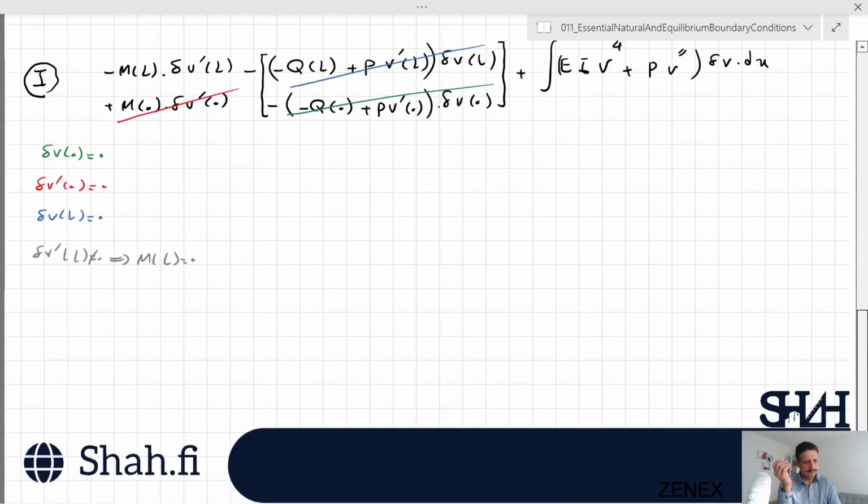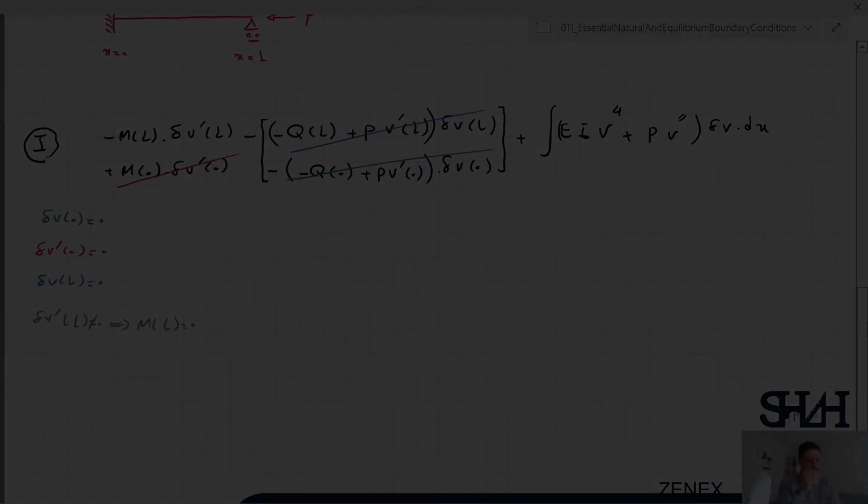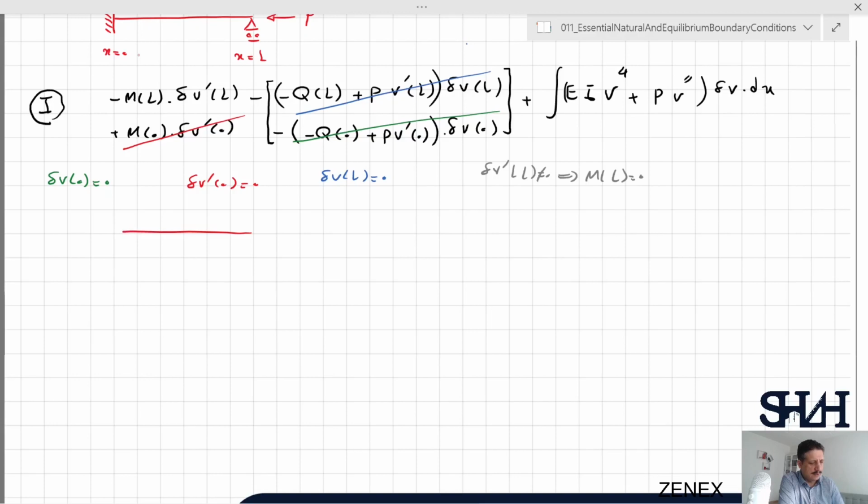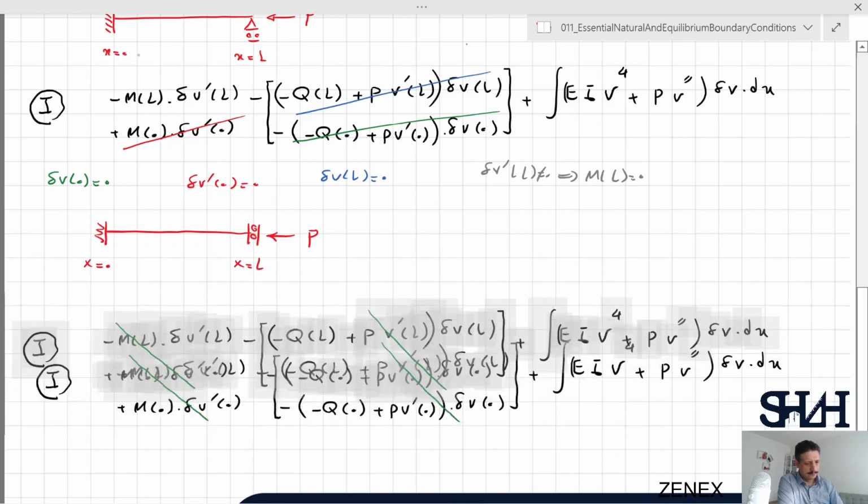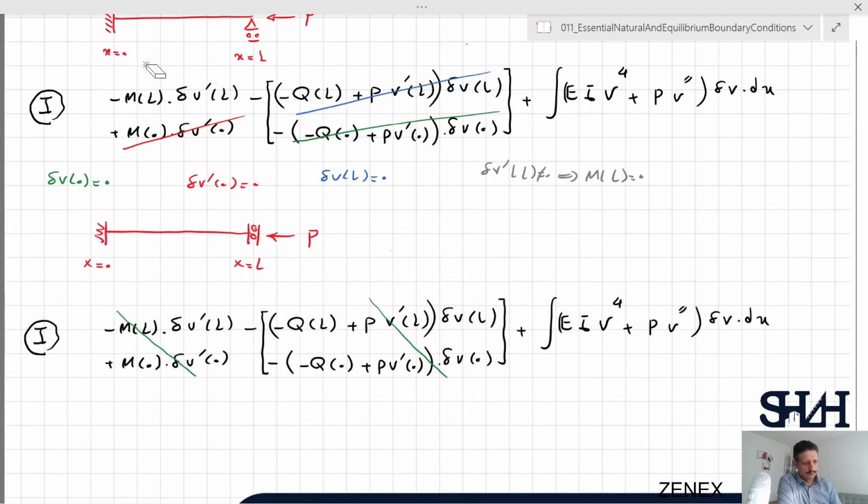Let's try another case. Assume that we have this type of beam, x equals 0, x equals L, and I'm going to use the same method and apply the same equation.